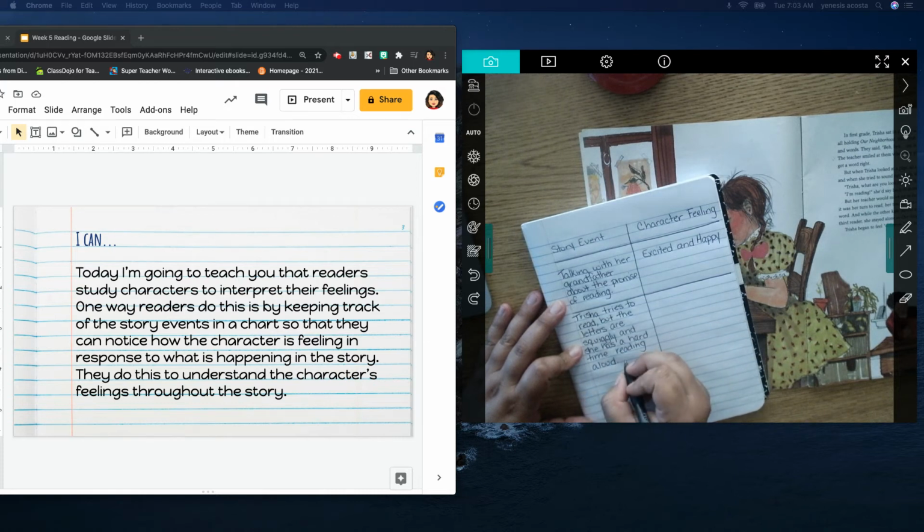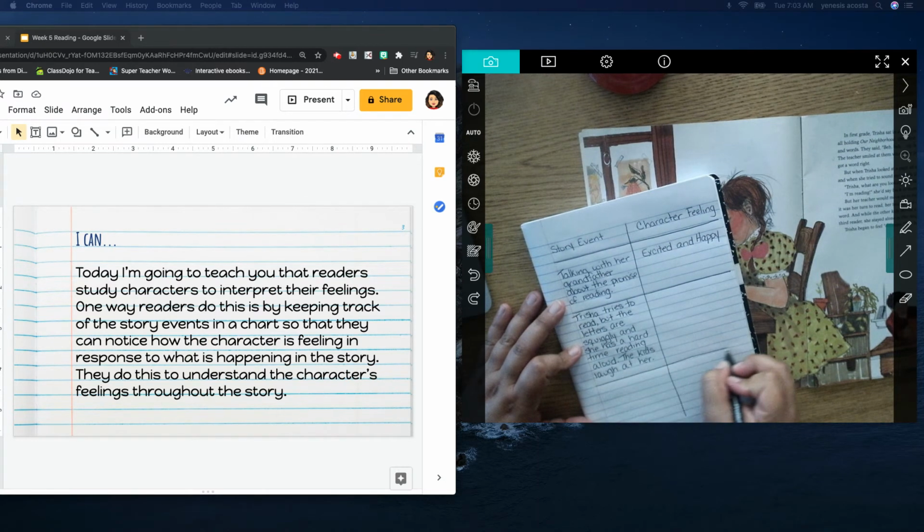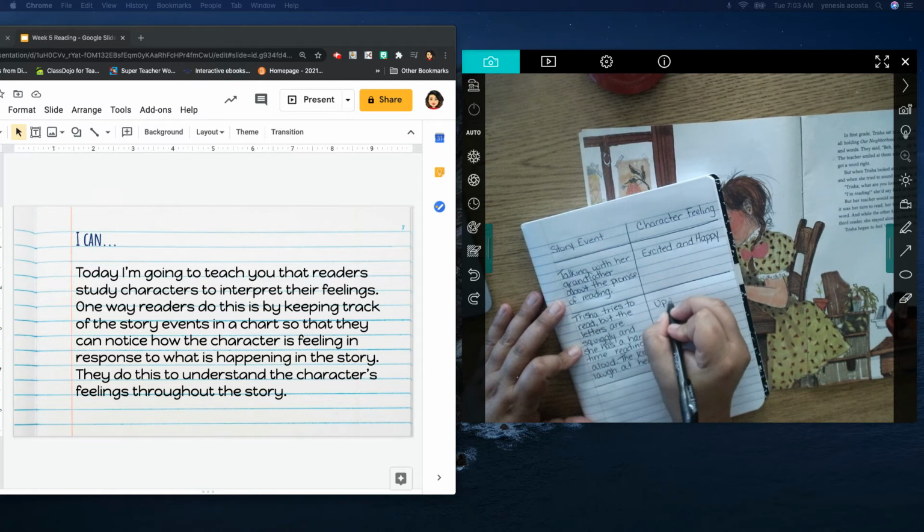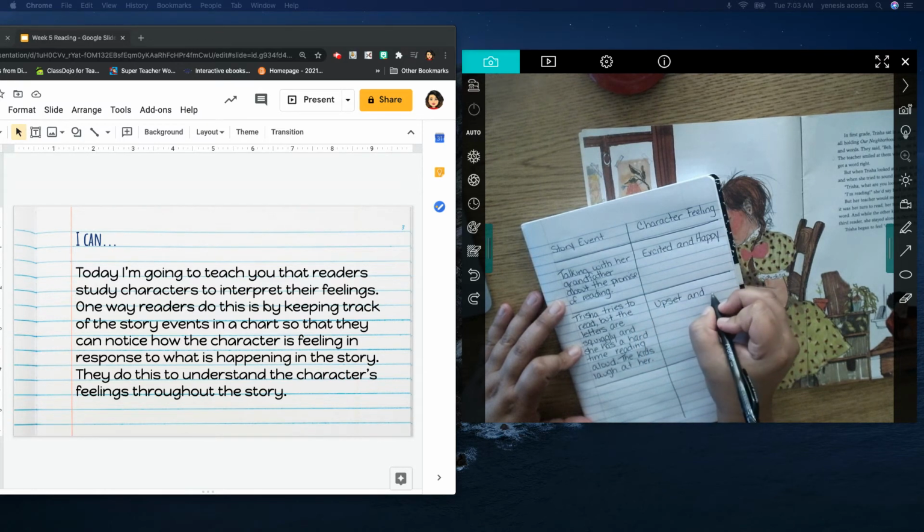The kids laugh at her. So this was the event that was happening on this page, right? And Miss Acosta thinks that this definitely made her feel upset and different.